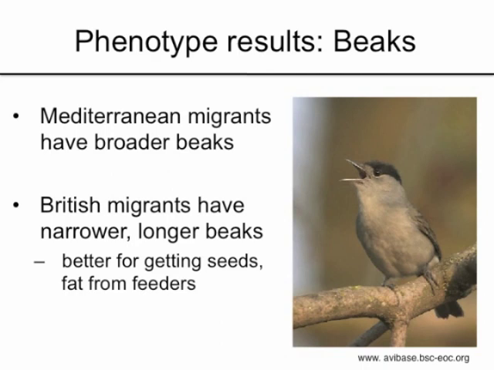Again, this might be an adaptation that is better for getting seed and fat from feeders. So the narrower, longer beak birds were better able to feed themselves over the winter, and thus they're more likely to survive in the British groups, whereas having a broader beak may help with feeding from nature, feeding on berries and seeds that they find on trees down in the Mediterranean.